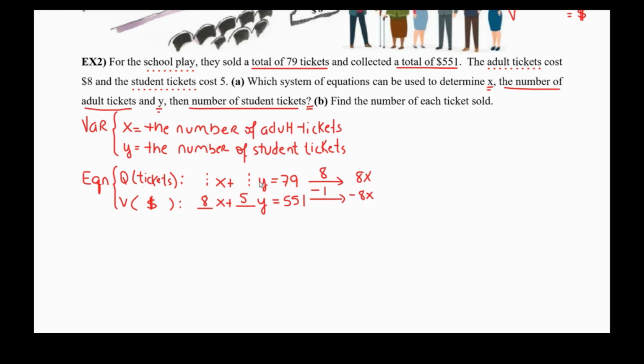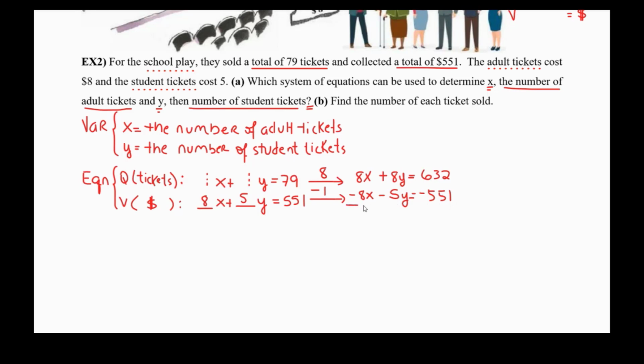And then I continue multiplying. 1 times 8 is 8y equals 79 times 8 equals 632. And then 5 times -1 equals -5y, and 551 times -1 equals -551.